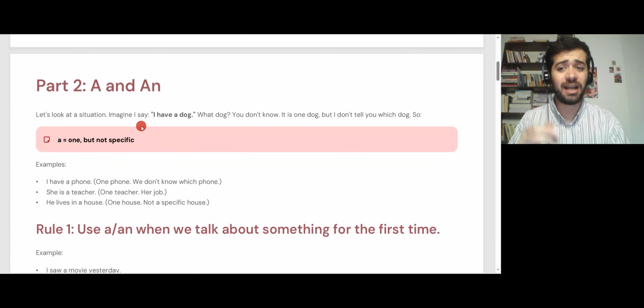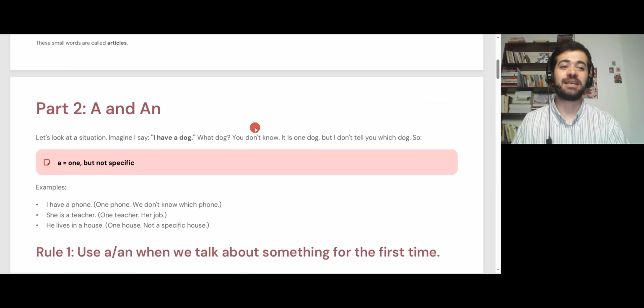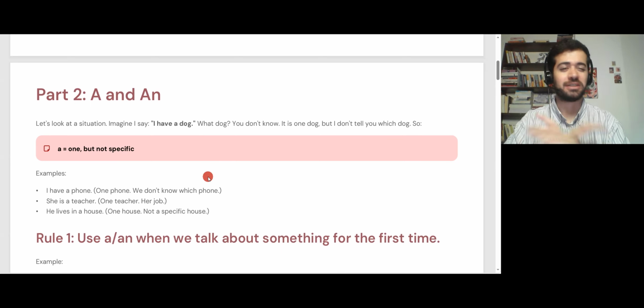Well, a and an. Let's look at a situation. Imagine I say, I have a dog. You don't know which one. It's one dog. It's the first time I'm mentioning the dog, but I don't tell you which dog. So it's one, but not specific.